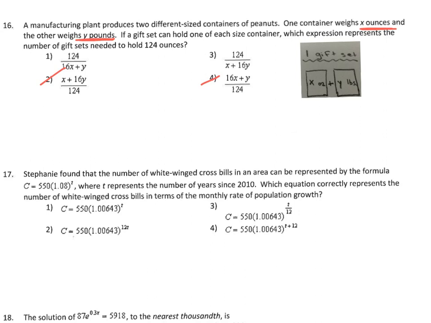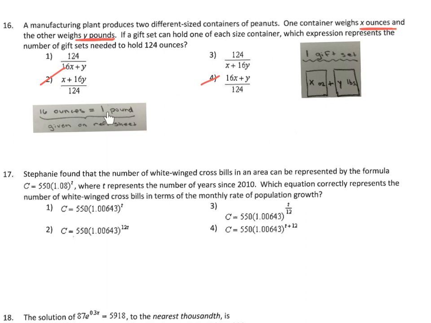Now, if you don't know offhand, this is actually given to you on the reference sheet. Okay, so 16 ounces is equal to 1 pound. Now, because this 124 in our numerator is in ounces, we're going to want to convert the one that's in pounds to ounces. So it's actually pretty easy to do.